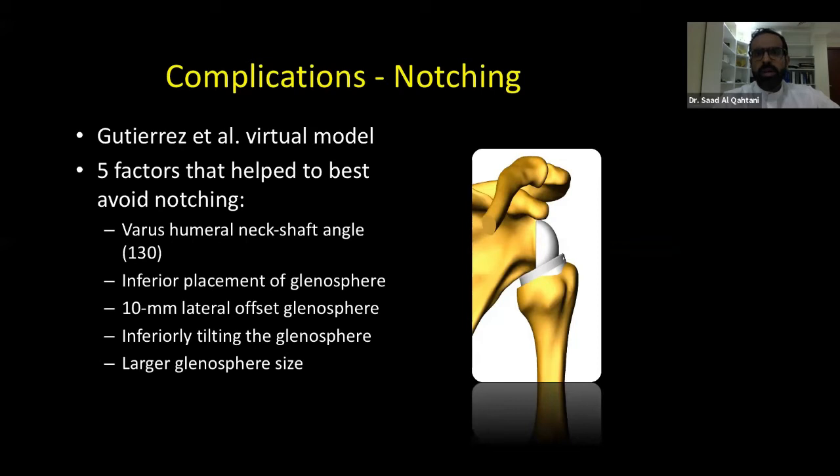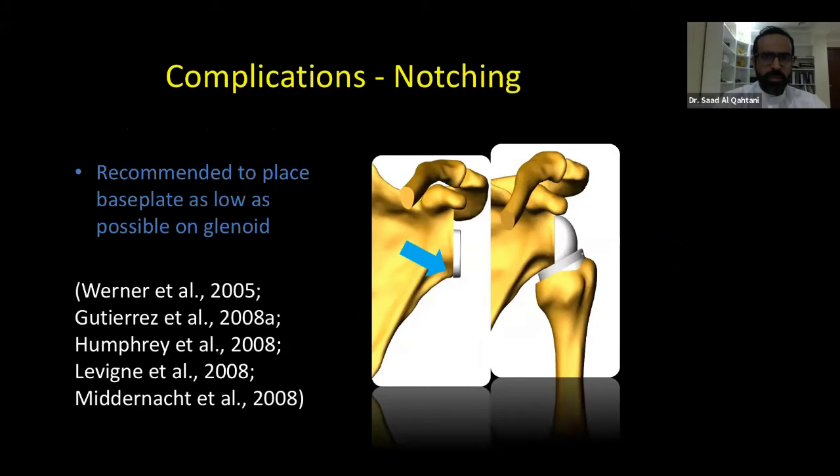So five factors that might help to decrease notching are a varus humeral neck shaft angle, inferior placement of the glenosphere, lateral offset of the glenosphere, inferior tilt, and larger glenosphere size. This was suggested to overcome the notching from the original Grammont prosthesis. As you can see, the base plate is placed as inferior as possible.